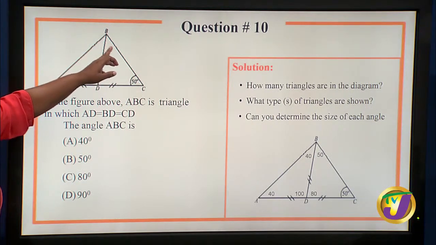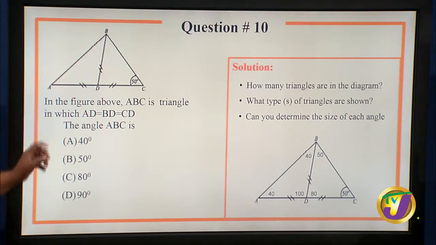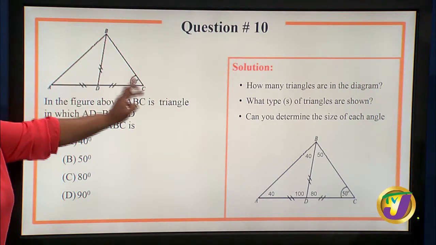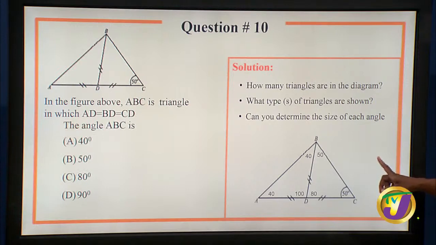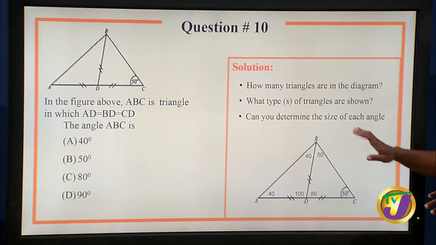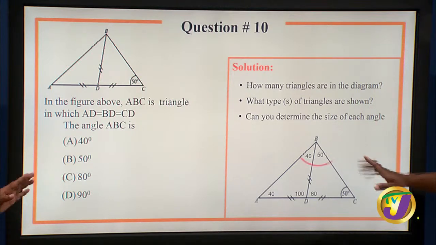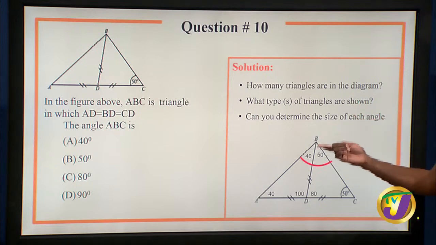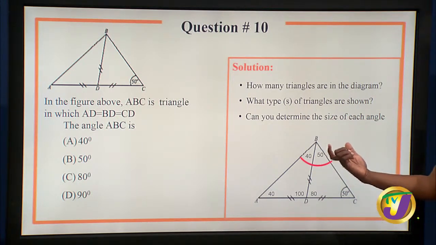So we would have gotten these 2 angles. This one would be 40, this one would be 50, and we are asked to find angle ABC. Looking through the triangle, we can identify that angle ABC is a composition of 2 angles.